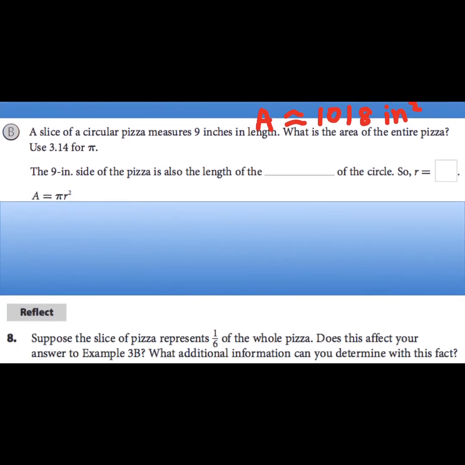Next problem. A slice of circular pizza measures 9 inches in length. What is the area of the entire pizza? Use 3.14 for pi. So we are given the pizza slice measures 9 inches, which means the radius of the pizza is 9 inches.